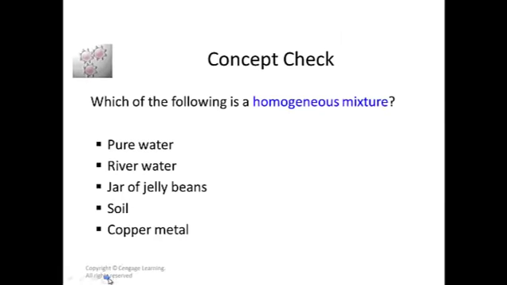Quick check on this. Which of the following is a homogeneous mixture, meaning that you cannot see the components? In pure water, I cannot see the components. So if I were to highlight homogeneous, this one, is it a mixture? No, because it is pure, so it's just a pure substance.